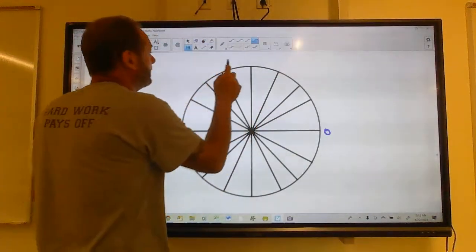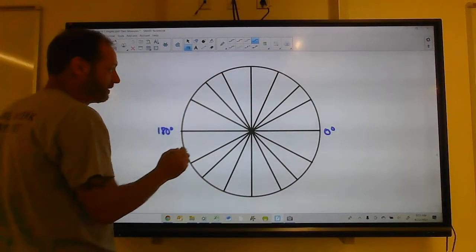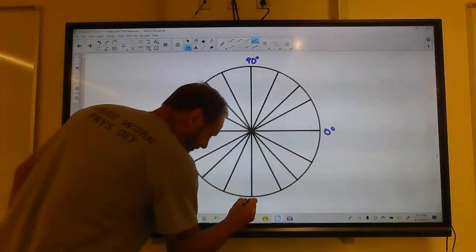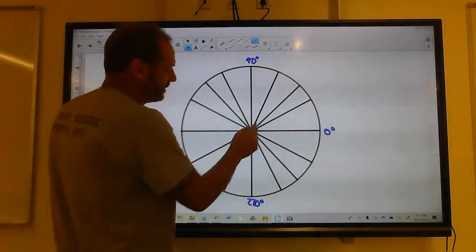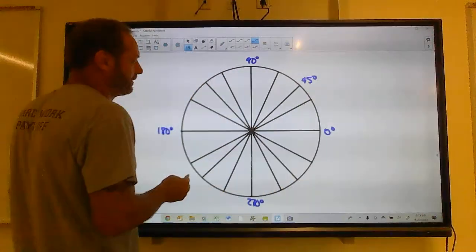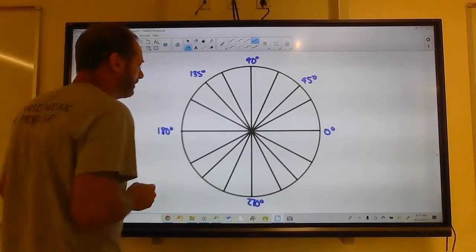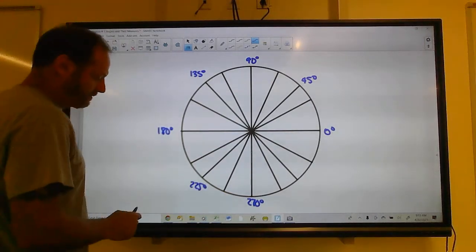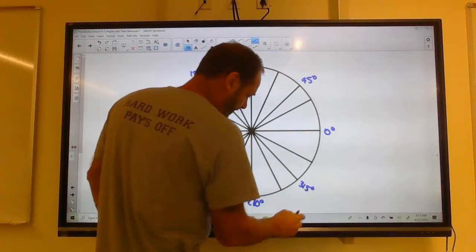If that's 0 degrees, then this would be 180 degrees. Half of this would be 90 degrees, and down here would be 270 degrees. This would be half of 90, or 45 degrees. This would be 45 degrees from here, so this would be 135. Another 45 would be 225, and another 45 would be 315 degrees.